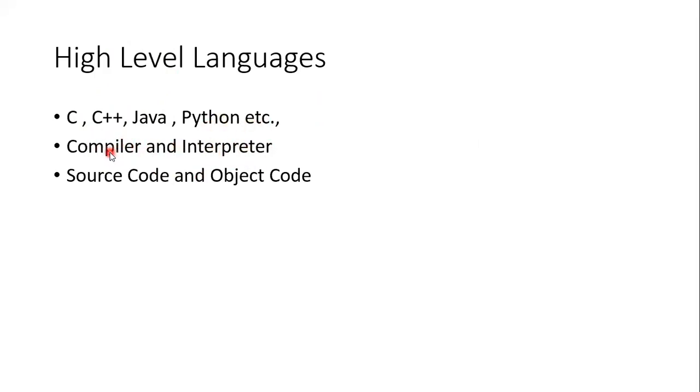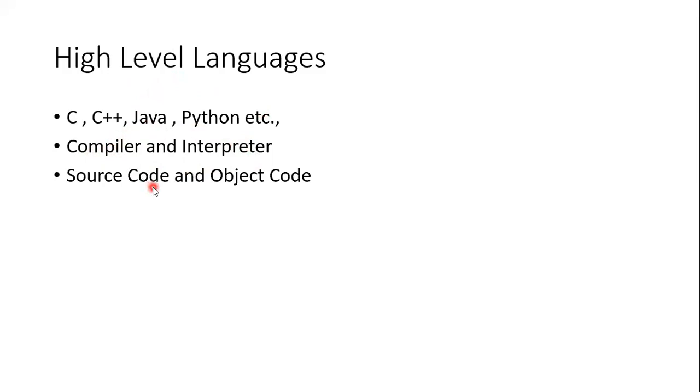The only difference is that the compiler compiles all the statements, that is, the entire program, and displays if there is any error, whereas the interpreter executes line by line. It executes the first statement, then if the statement has no error, it goes to the second statement and so on. So both are translators.